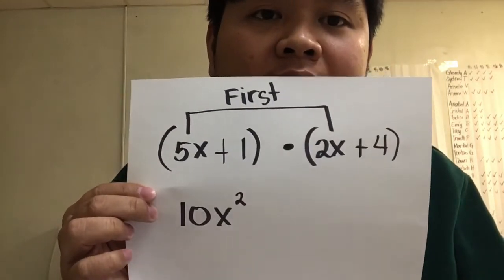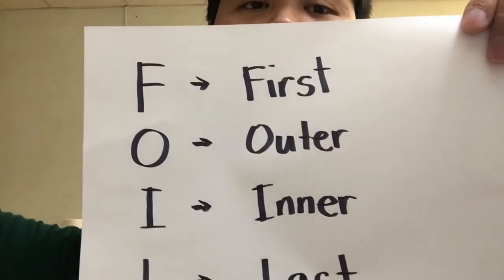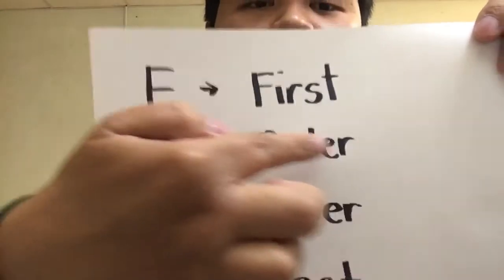Now, what is next on the FOIL? After the first, we proceed with our outer.